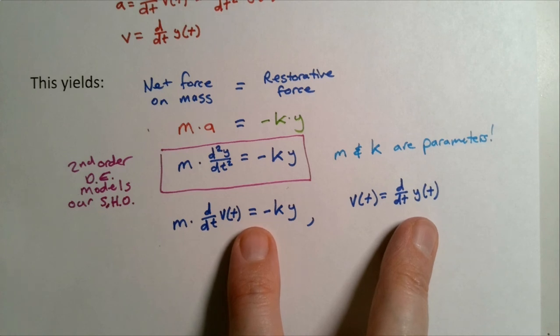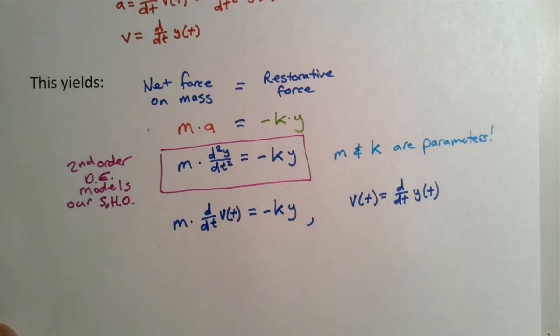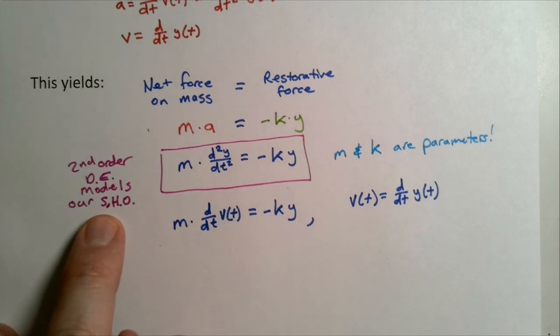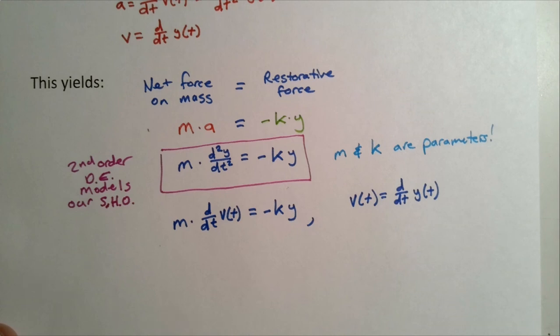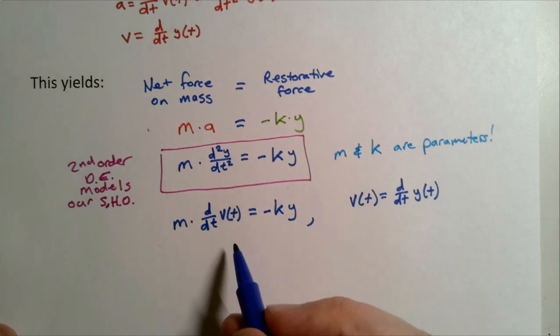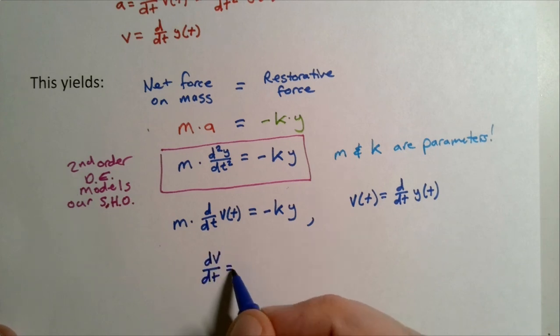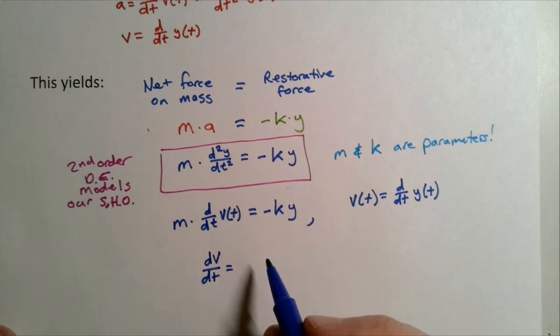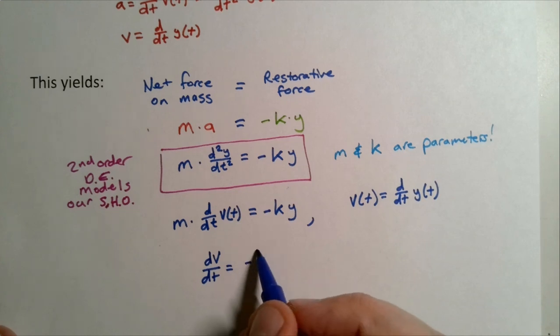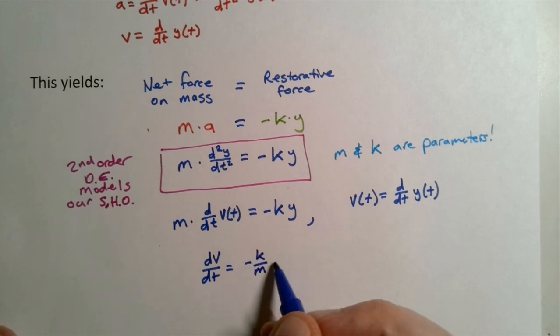So I'm going to rewrite this in a slightly different way, and hopefully you'll be able to see how they become a system. What started off as a second order differential equation becomes a system of first order differential equations. So I'm going to manipulate this one a little bit and write it as dv dt equals, I'm going to divide both sides by m, negative k over m times y.